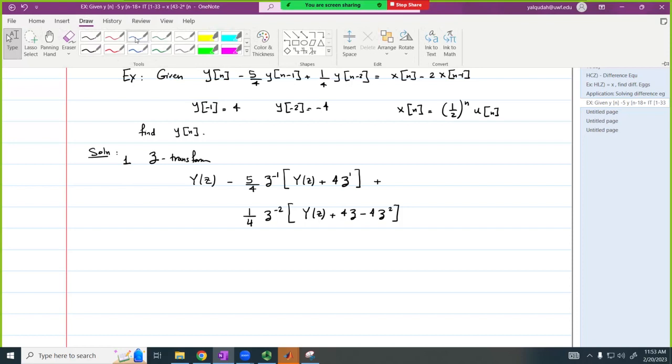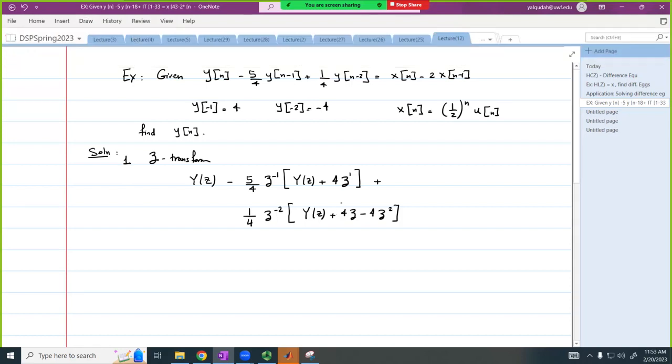This comes directly from the expression. So this is y at -1, this is y at -2. I'm going to write this and then come back and explain it.